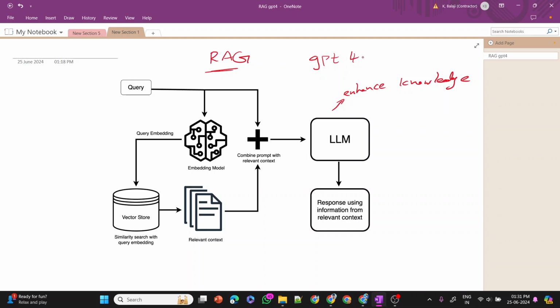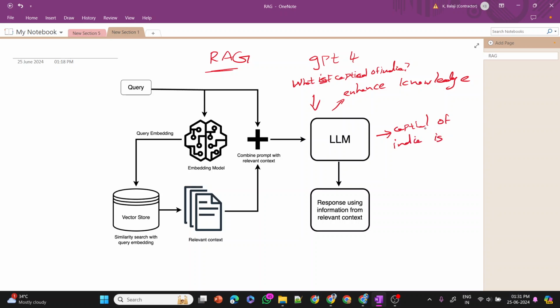So whenever we ask a question like, what is the capital of India, the LLM will easily answer that the capital of India is New Delhi.